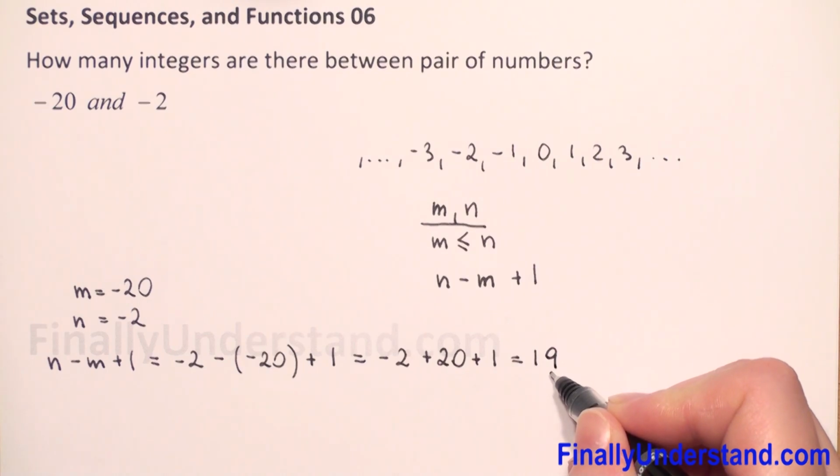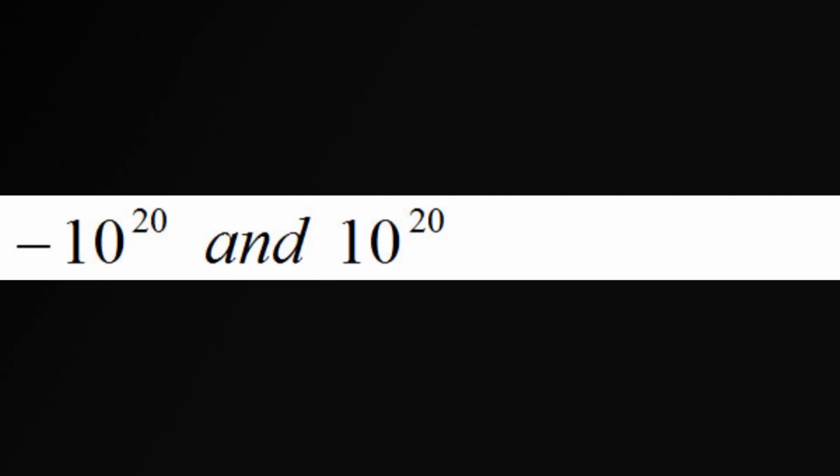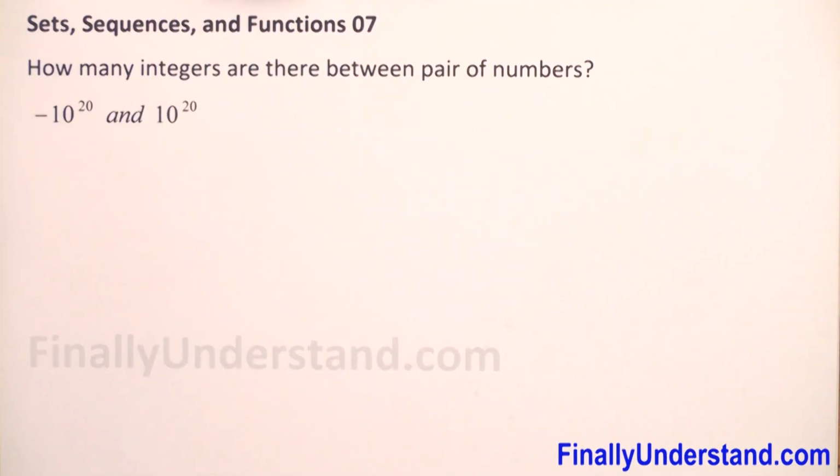This is my solution. We have to find how many integers we have between -10 to the power 20 and 10 to the power 20. So first, what do integers mean? Integers are whole numbers including 0 and negative values.